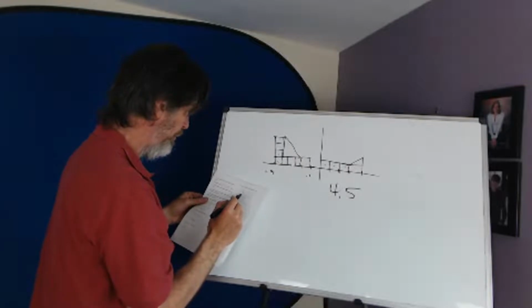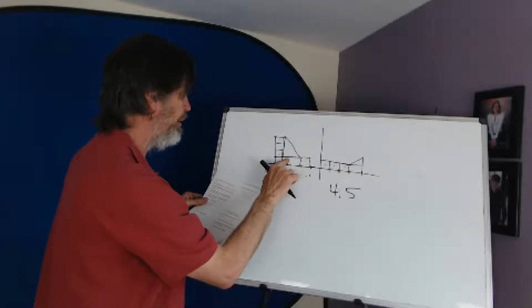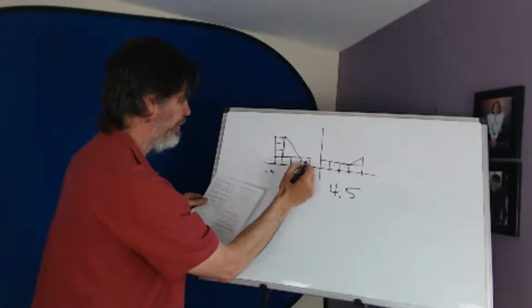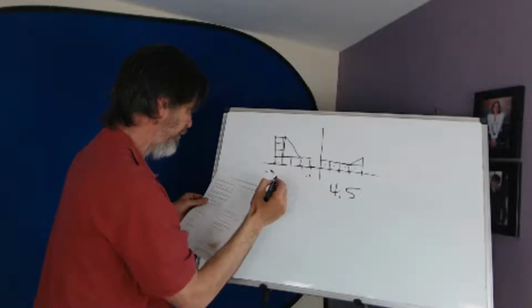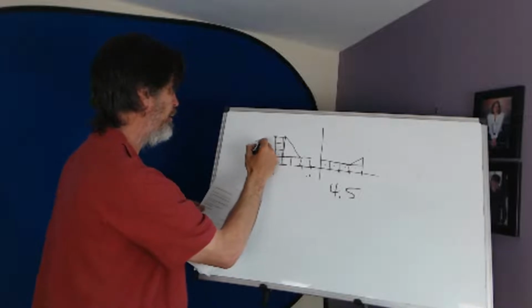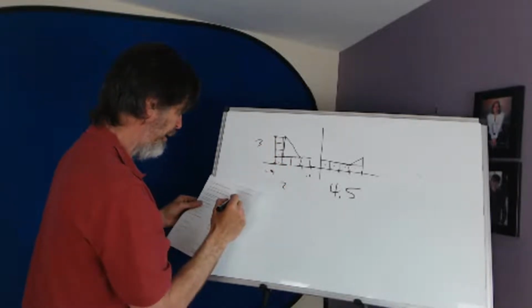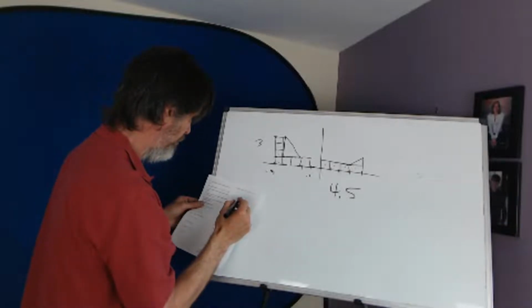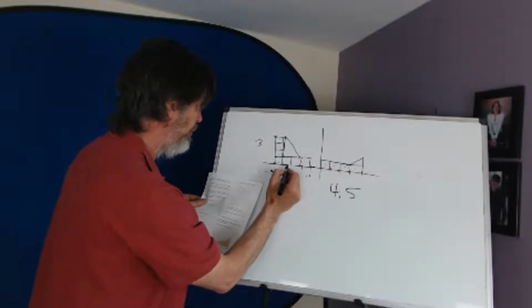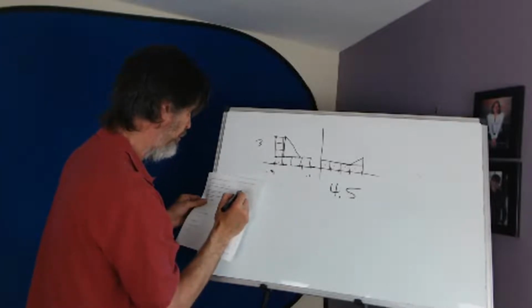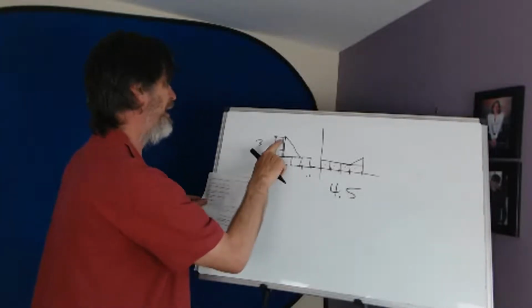Let's see, 1, 2, 3, 1, 2. No, that was right before. 1, 2, 3, 4. Yep, 1, 2, 3, 4. I'm going to count those, and then I have this triangle left over, and that triangle is 1, 2, 3 tall and 2 wide, right? No, 3 wide. Oh, now I'm confused. 1, 2, 3. 1 to 5. So 1, 2, 3. 1, 2, 3, 4, 5. 1, 2 is where it jumps. 3, 4, 5. Okay.